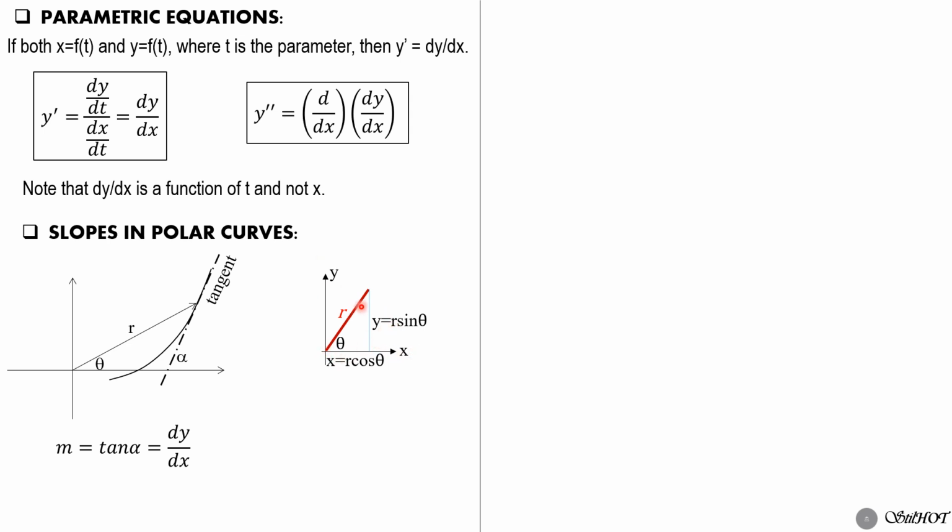So in terms of r and theta, this x here is r cosine theta, then the y is r sine theta as shown. So beginning with y = r sine theta, we're going to define dy/d theta. And dy/d theta, we have the derivative of the product, r cosine theta, plus sine theta times the derivative of r, dr/d theta.